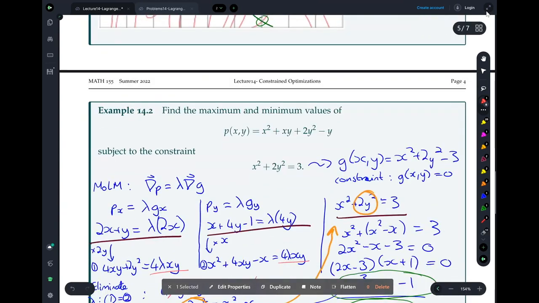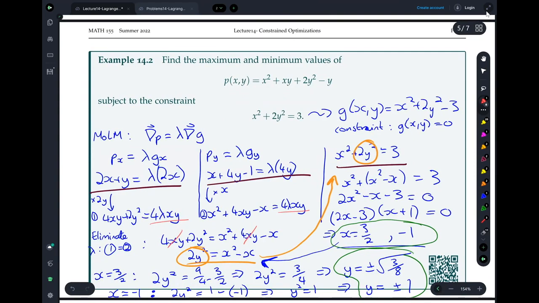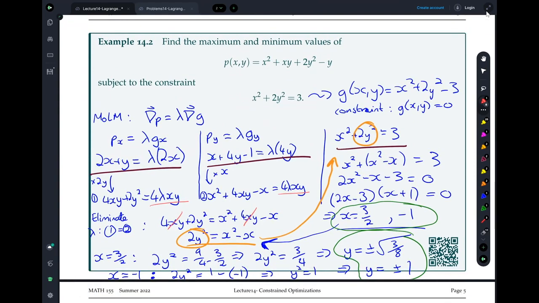Okay. If we just have a set of equations like this, we've got some surface here, P of x, y, and then we've got this constraint here. How do we solve this? Well, we just set up our system of equations by looking at the partials. So we have the partial of P with respect to x is equal to lambda times the partial of g with respect to x. Same for y, and then our constraint curve.